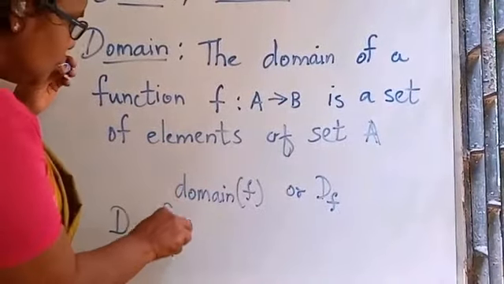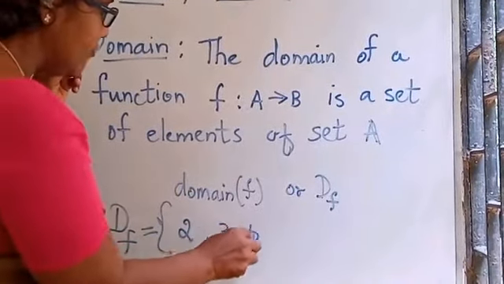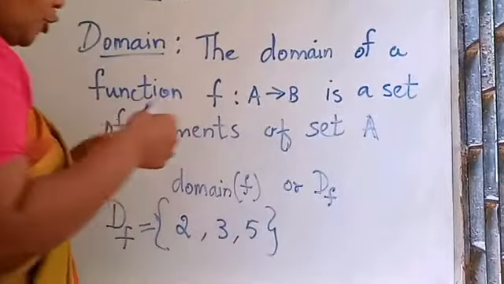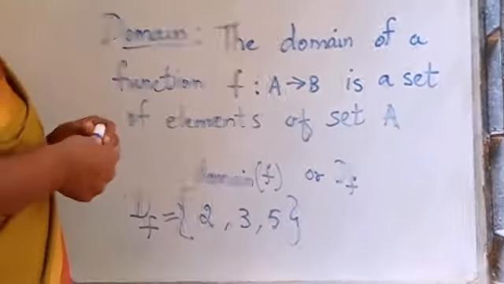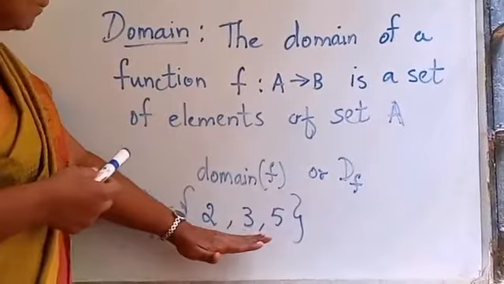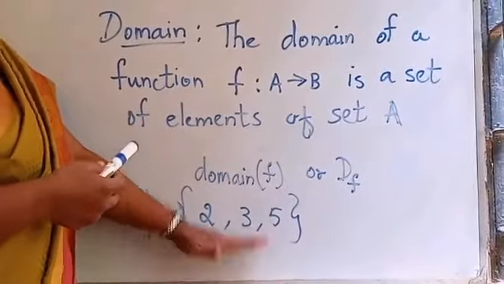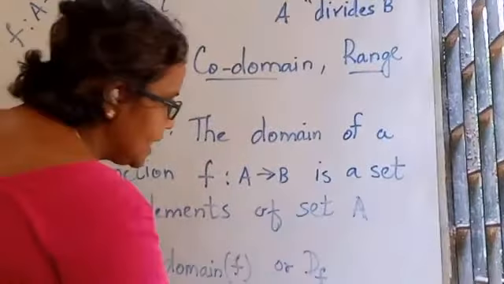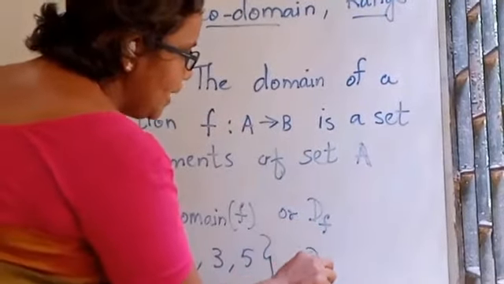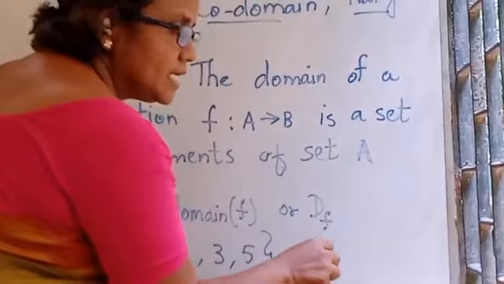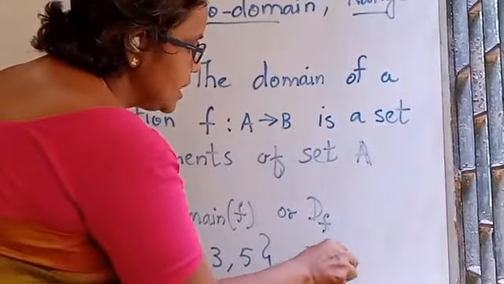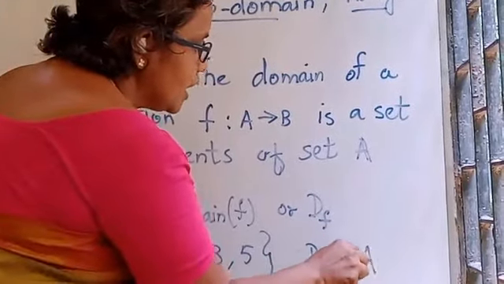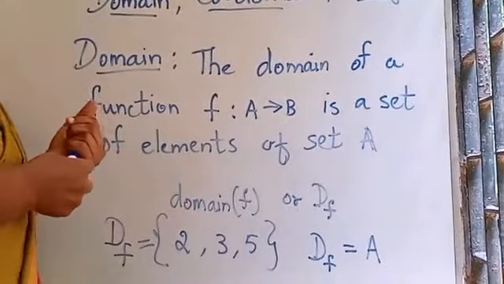So 2, 3 and 5 are the elements of the domain set. What do you understand? The elements present in the domain are equal to the elements present in set A. So can I write it like this? The domain of a function, D suffix f, is equal to the set A, from where the mapping starts.